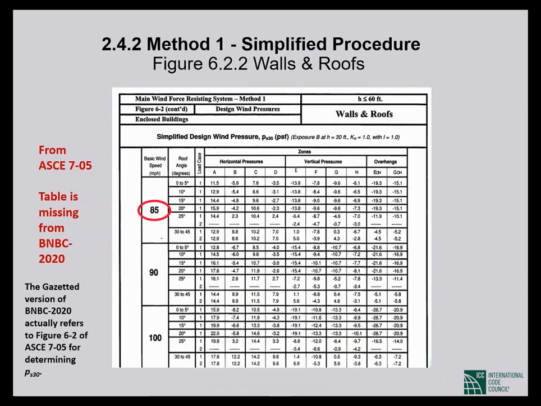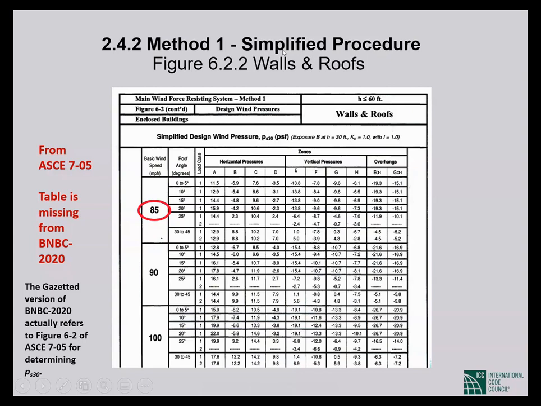For each of those areas, the P_S30 value for A, B, C, and D for different wind velocities is given in this table.